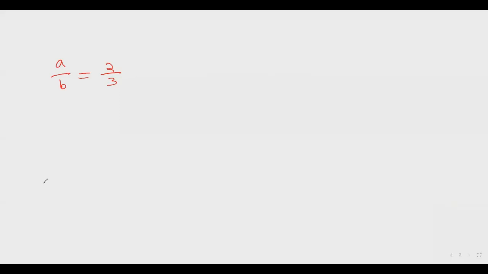Then what will happen if I apply componendo and dividendo? If you apply componendo and dividendo here, what will happen?